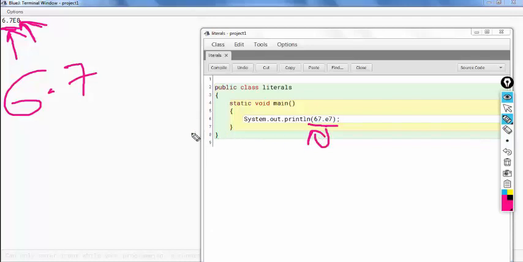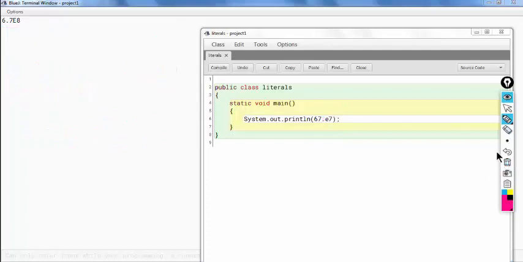If we have moved the decimal place towards the left, you have to multiply it by 10 to the power of what? Since we have moved 1 time towards the left, we'll multiply it by 10 to the power of 1, and we already have 10 to the power of 7 here, so it will finally become 10 to the power of 8. This is the reason why the output is showing as 6.7 into 10 to the power of 8.